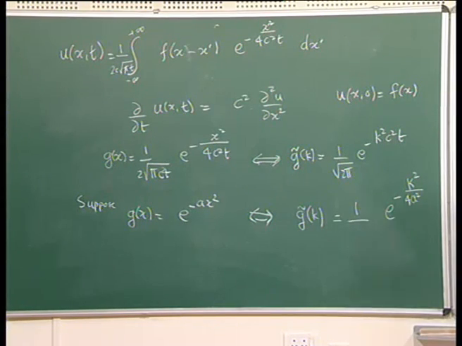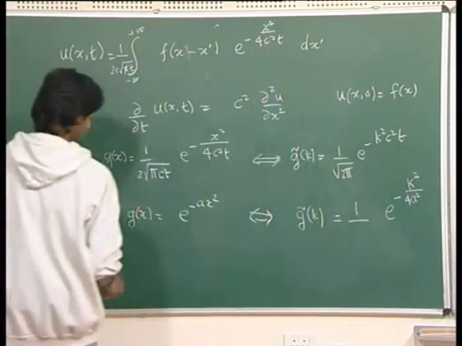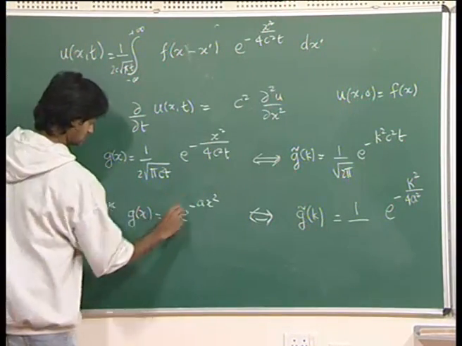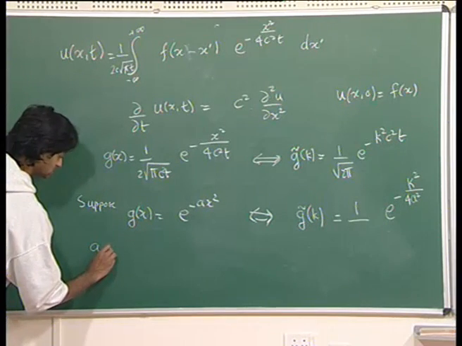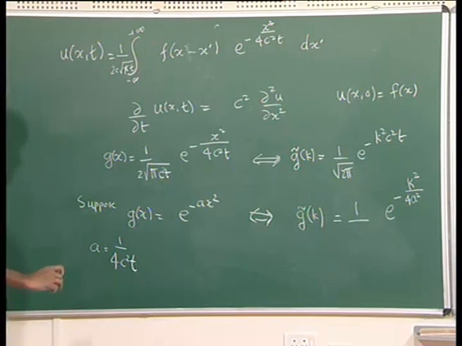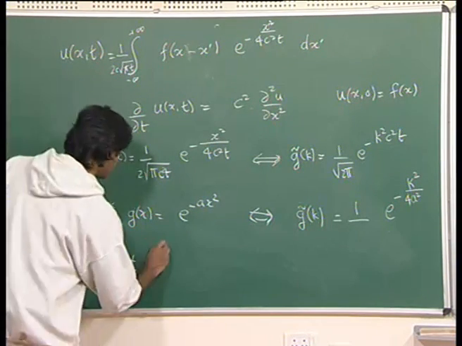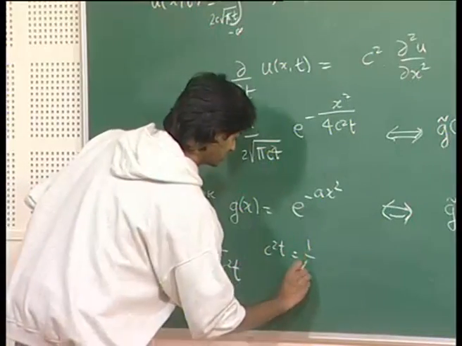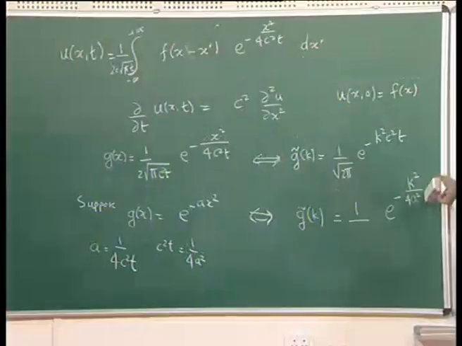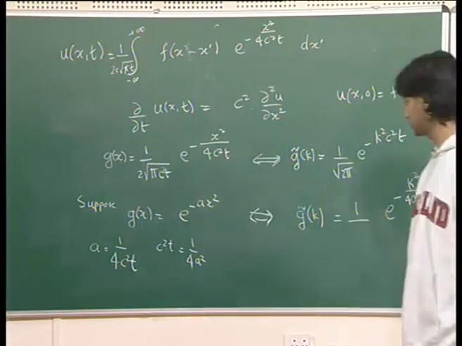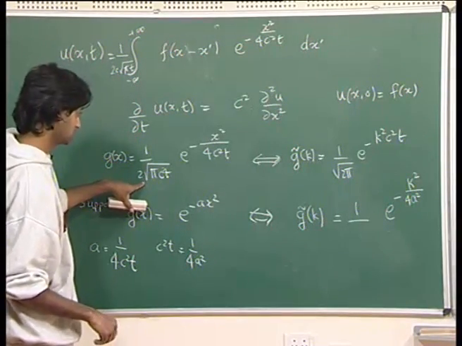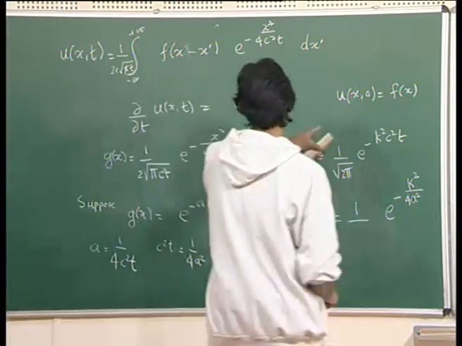Okay. So let us check if that is correct. So a can be compared with 1 over 4 c square t. Therefore c square t is equal to 1 over 4 a square. So what I have to do is to multiply this out.